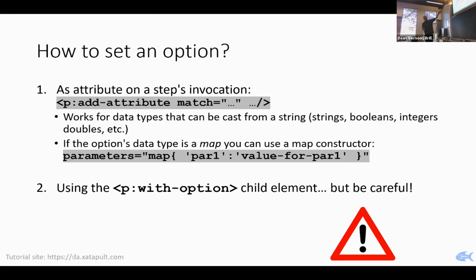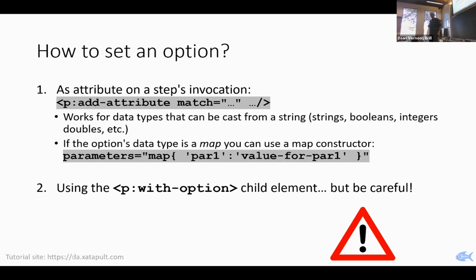You can immediately write the map construct there, but the option's type must be explicitly set to map or array on the step. So this is okay for these things, but there are things you can't do.